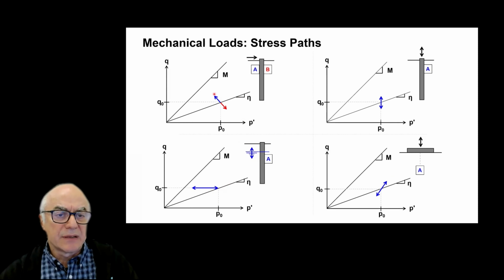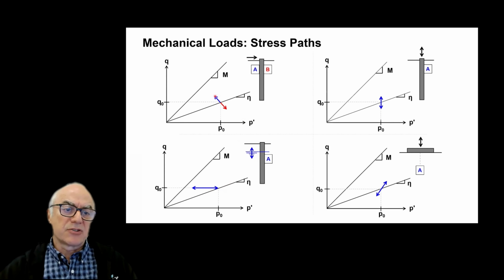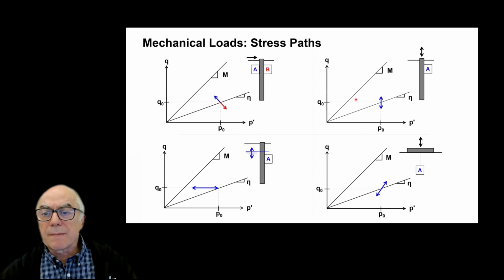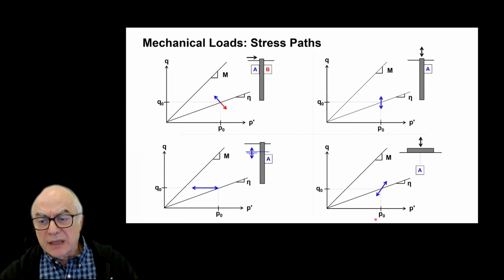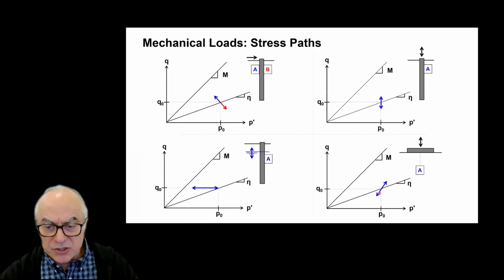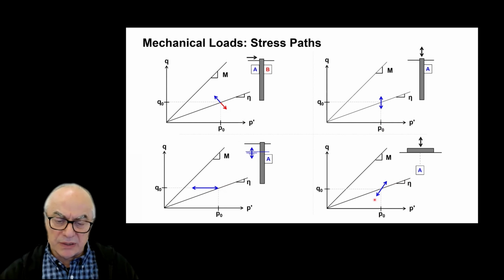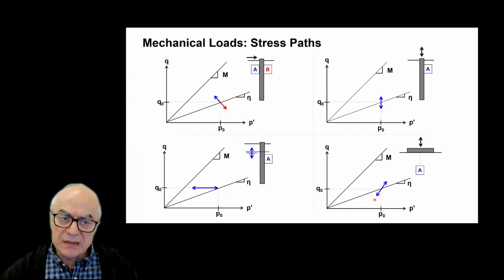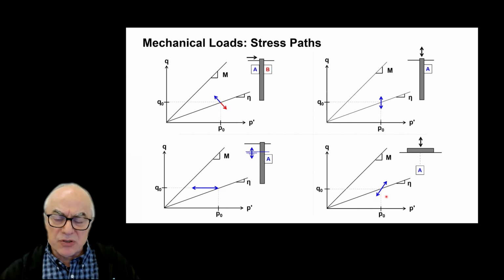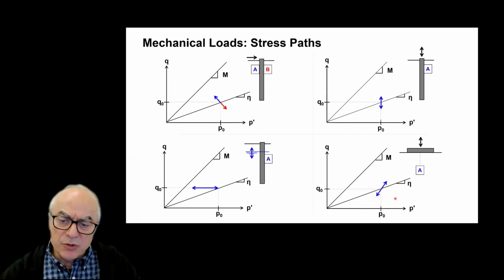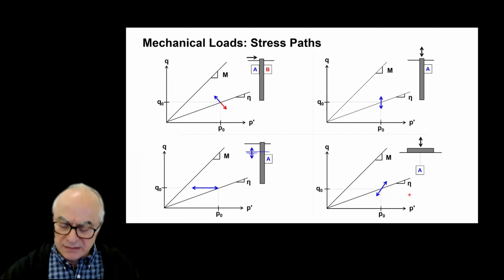Or if we have axial extension, axial lateral compression, it could be just a case of pure shear or a case of axial compression and unloading. So there are different possible conditions, and the other one could be that we could be moving on a K-naught line under zero lateral strain conditions.